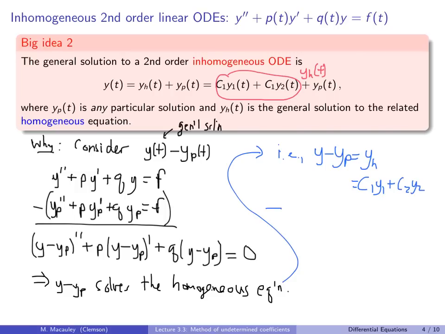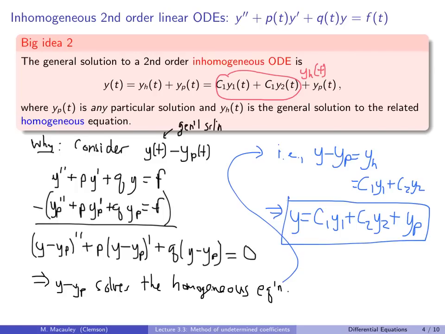So that's the same thing as saying y equals c1 y1 plus c2 y2 plus yp. And that's what we had to show. And again, it's not a proof. We're not actually showing that every single solution is like this, although it's actually not much harder to turn this into a formal proof. But for the purposes of this class, this more than suffices.